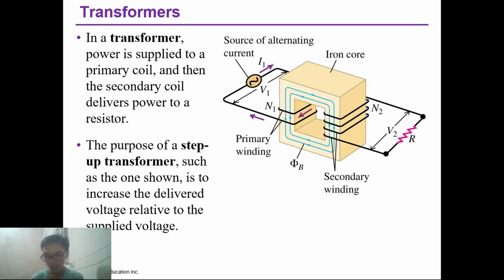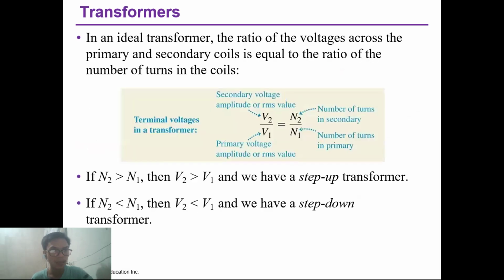So let's have it in a simple analogy. Think of gears in a bicycle. Changing gear ratios alters speed and torque. Similarly, changing coil turns alters voltage and current. So kindly think of why it is safer to transmit electricity at high voltage and then step it down near homes.